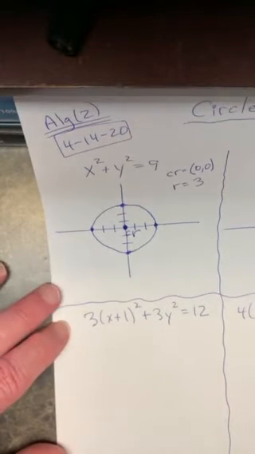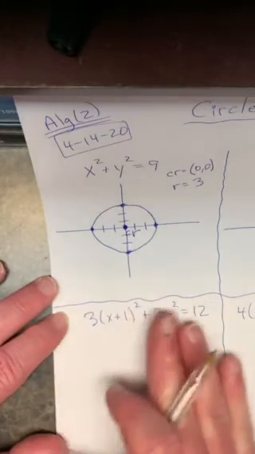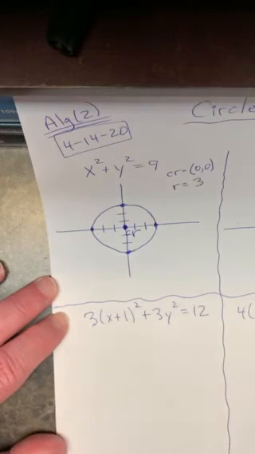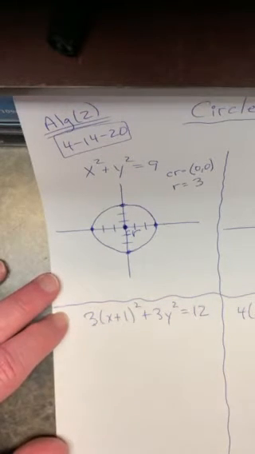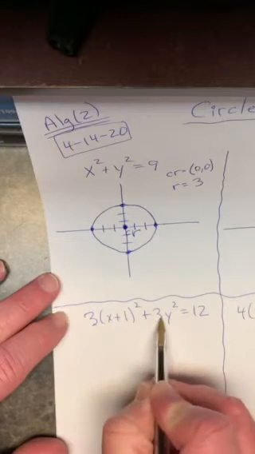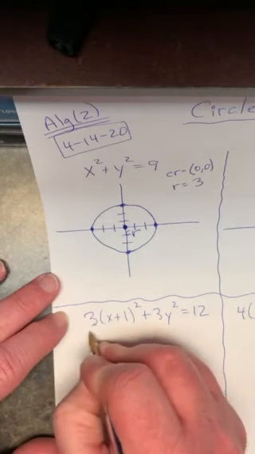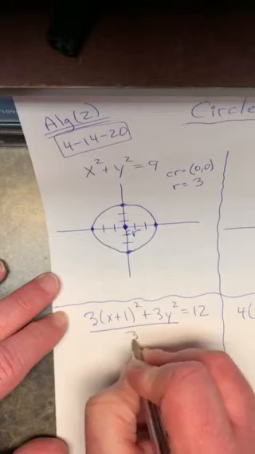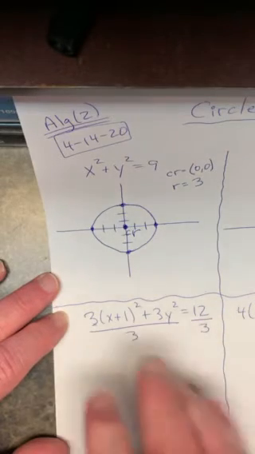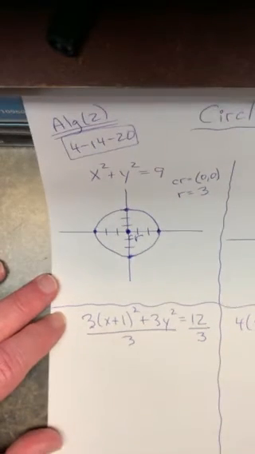So sometimes, like on this one, we're going to have to manipulate the equation a little bit just to get it into standard form. So since we don't want those 3's there, I'm dividing that whole side by 3 and that side by 3. Whatever I do to one side, I got to do to the other.